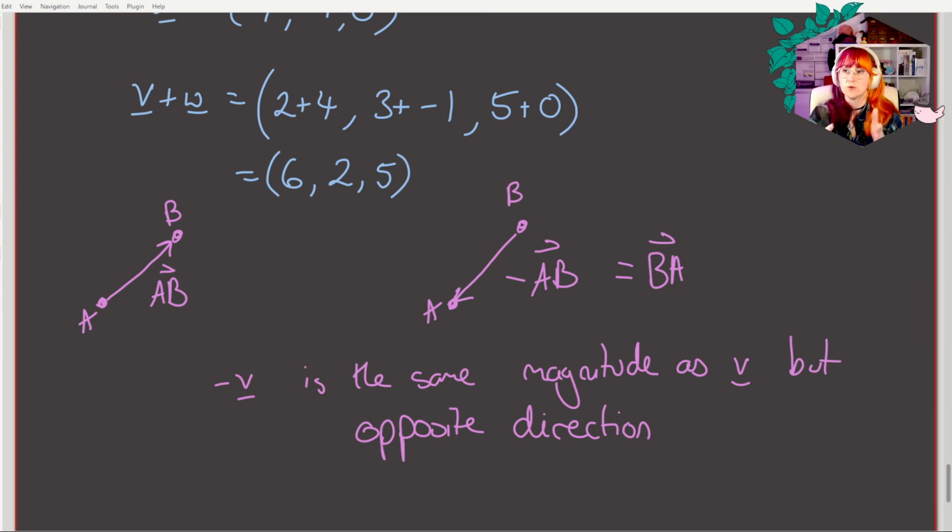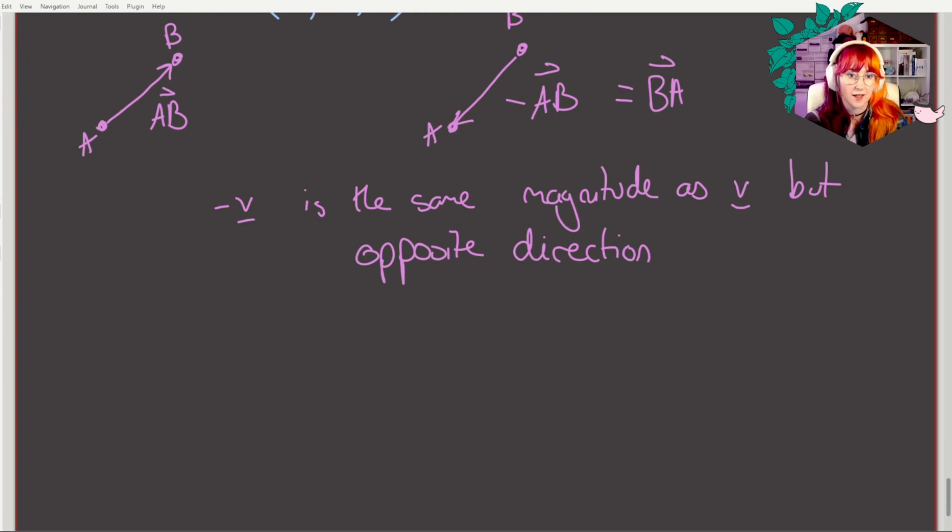So instead of going forwards, I go backwards, that's opposite. Instead of going left, I go right. Instead of going up, I go down. And so on and so forth. This can also be thought of as minus 1 times V. Okay, so if we wanted to think of it that way, we need to understand what does it mean to multiply a number by a vector.